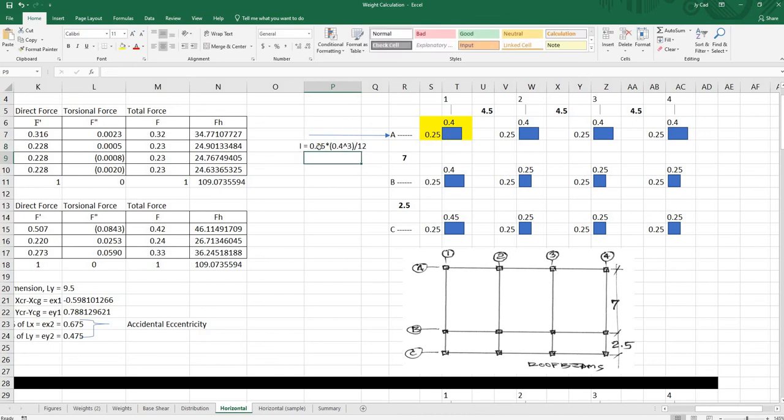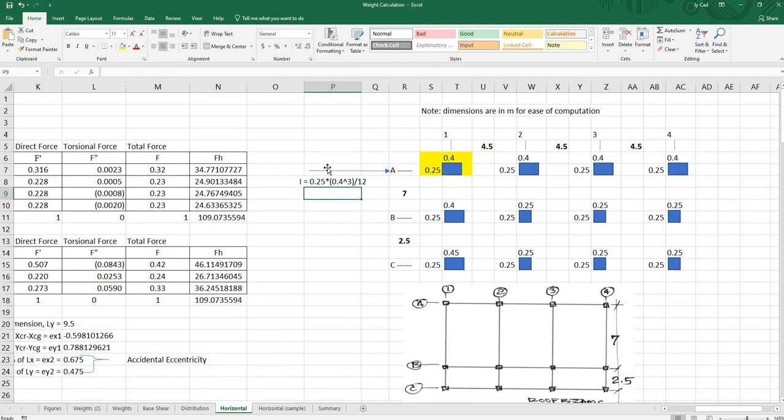Okay? Pero, pag ang palo ng earthquake mo is ganito na, transversal, ang moment of inertia mo would be equal to 0.4 multiplied by 0.25 cube divided by 12, which is essentially not the same.